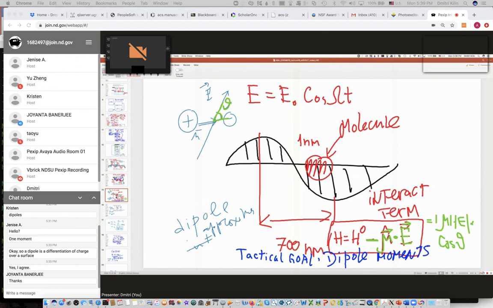Sine 0 is equal to 0, cos 0 is equal to 1. So you have to start from 1, not 0. And yes, we have a minus sign. So when they are collinear, it will be negative. But you have to start from 1 in the cos function.